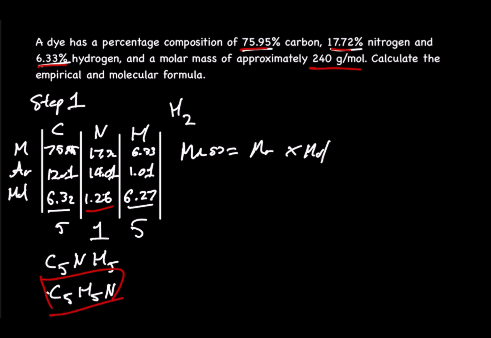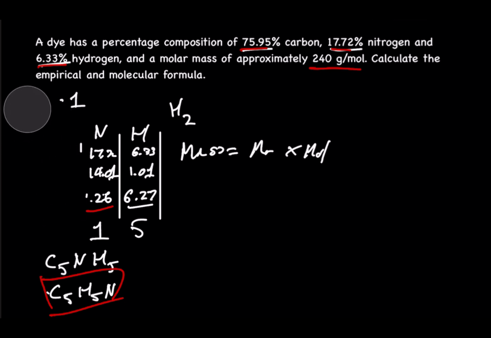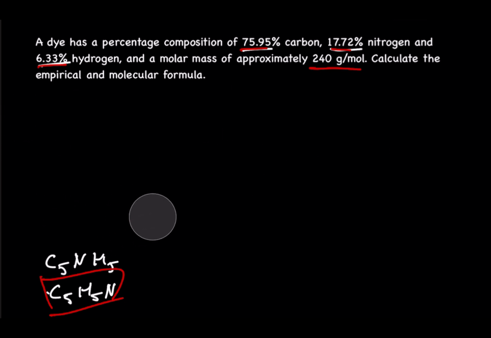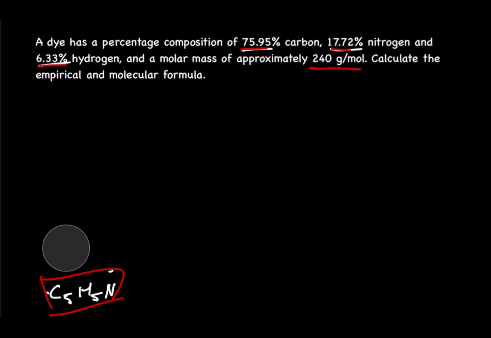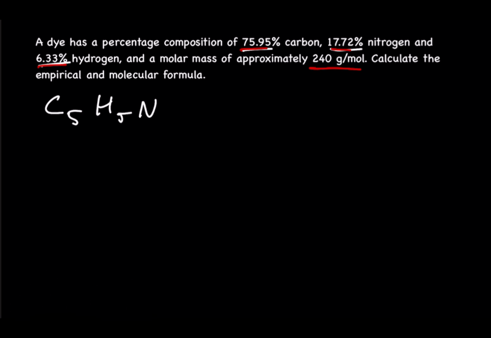We found the empirical formula, so let's move on to the molecular formula. The empirical formula is C5H5N. Remember, what we have to do is add up all the atomic masses of each atom of your molecule. So you have 5 carbons, 5 hydrogens, and 1 nitrogen.